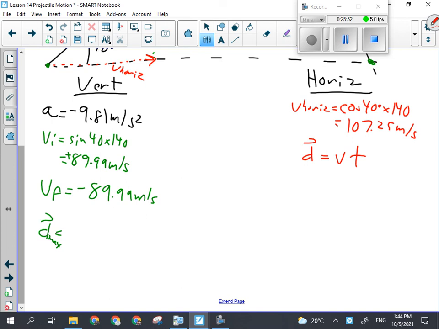I've got VI, VF, and A. Can I calculate T? Absolutely. Right, so time is going to equal VF minus VI over A, just a manipulation of our change in velocity formula. So that'll be negative 89.99 minus 89.99 divided by negative 9.81.